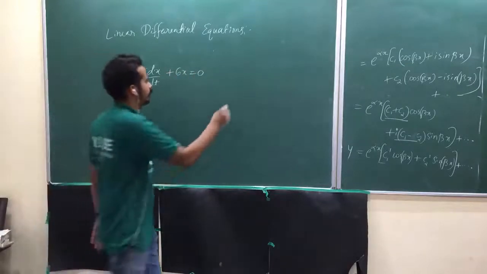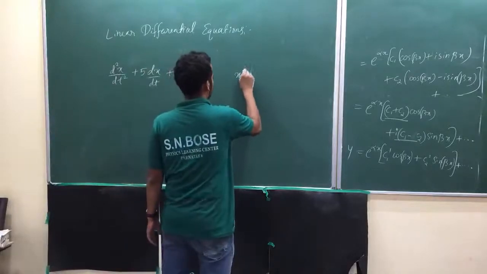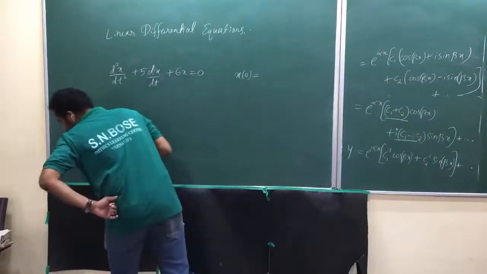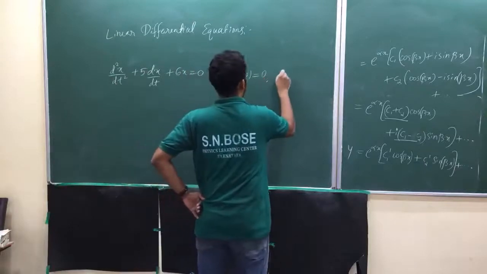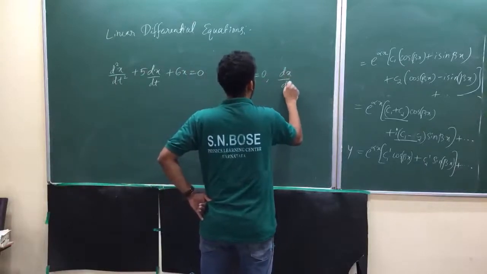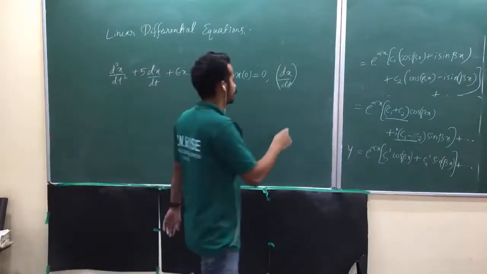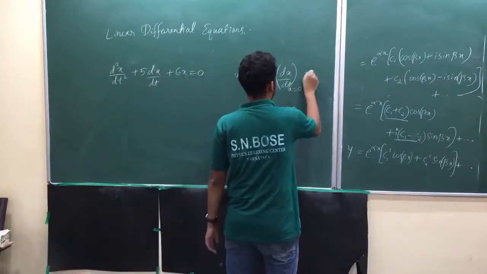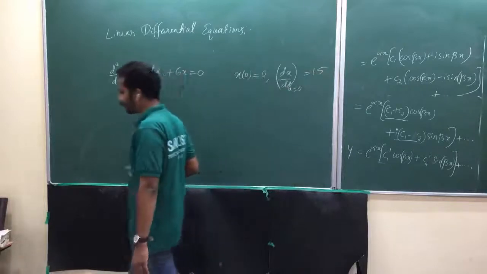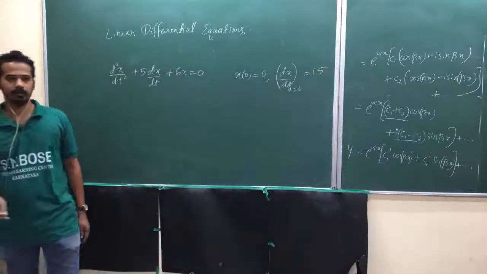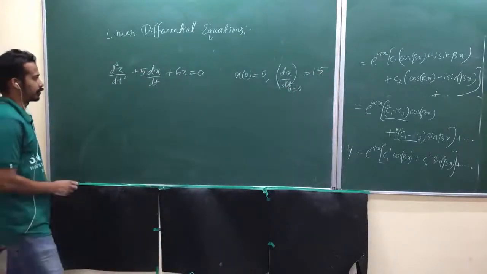And he mentioned initial condition also, x of 0 is equal to 0, dx by dt at t equal to 0 is 15. You can find all constants also, whatever the constant appear over there.